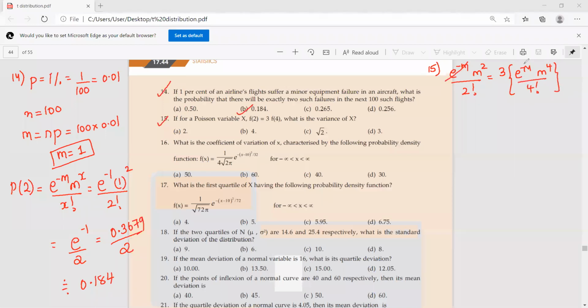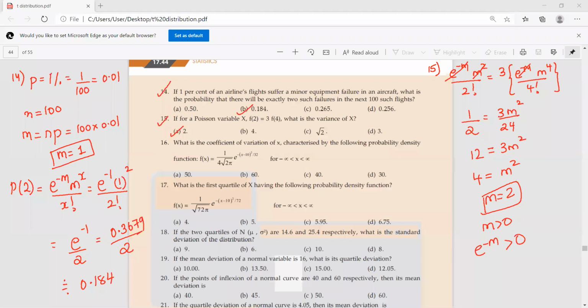So e to the power minus m gets cancelled, and you are left with 1/2 is equal to 3 times m square by 24. From here you get 12 is equal to 3m square, so 4 is equal to m square, and we get the value of m as 2. m can never be 0; we have studied that m is greater than 0, and e raised to minus m is also greater than 0.